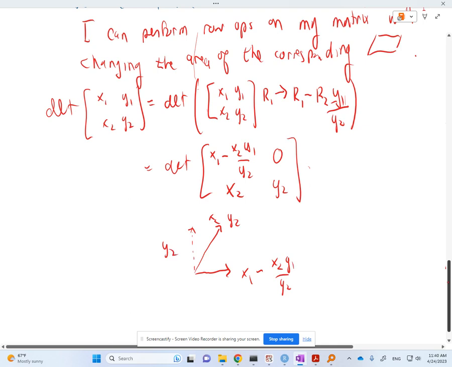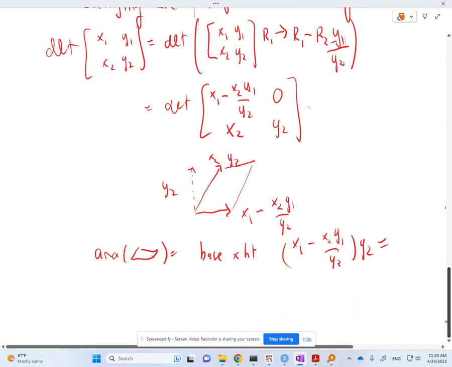Now, if I take this parallelogram, the area of the parallelogram is just equal to base times height. And the base is x1 minus x2 y1 over y2, and the height is y2, and that gives me the determinant of the original matrix, which is equal to the area of the parallelogram.